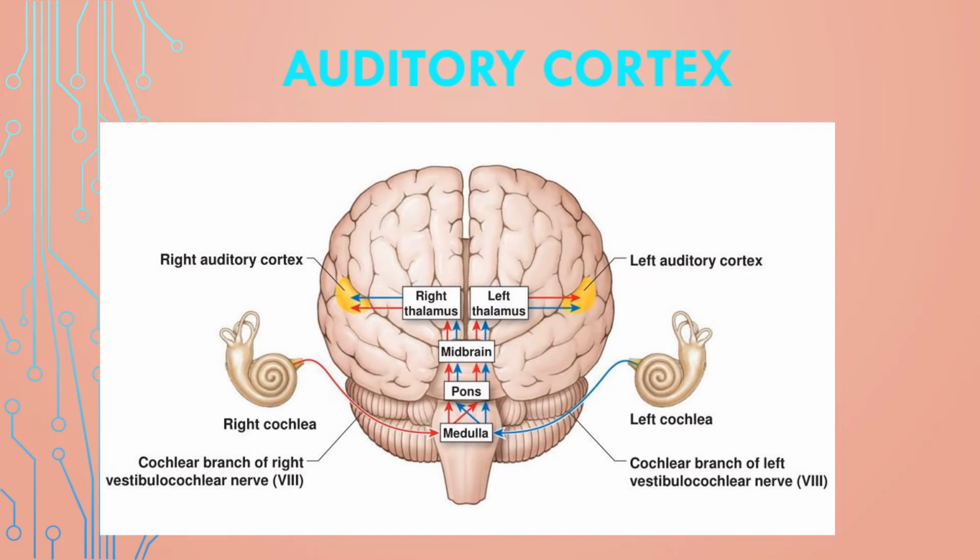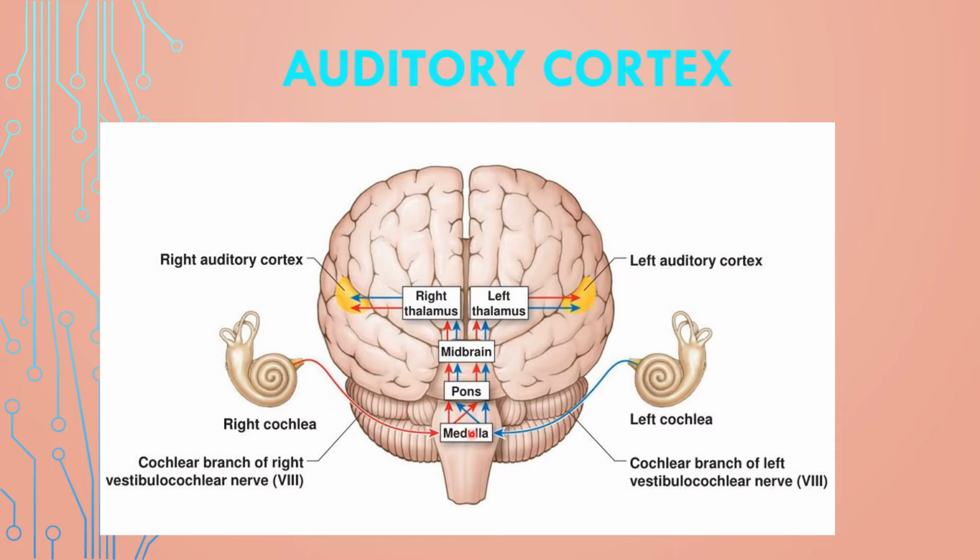The auditory cortex. When the hair cells, the auditory receptors in the cochlea in both ears, get activated, they generate neural impulses, and these travel along the auditory nerve to the brain.